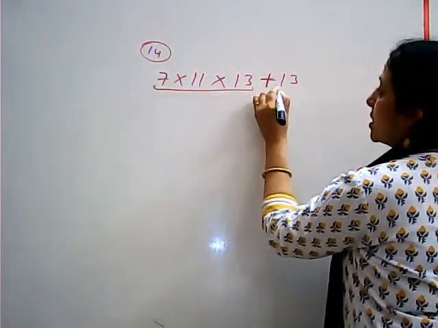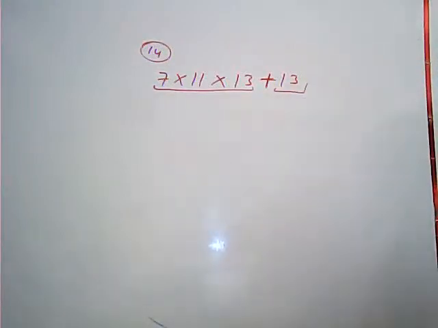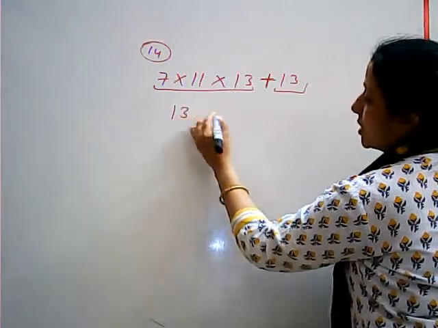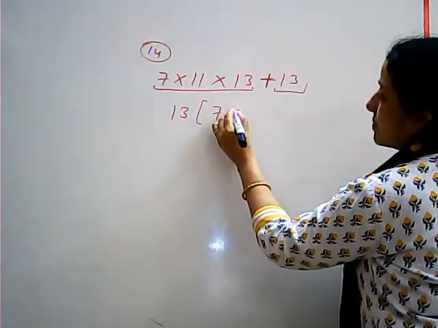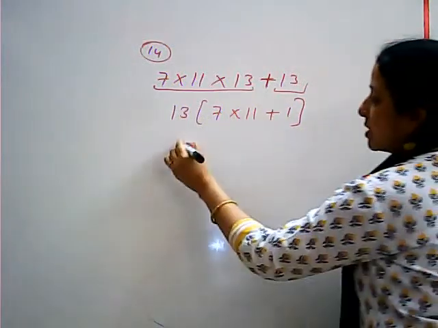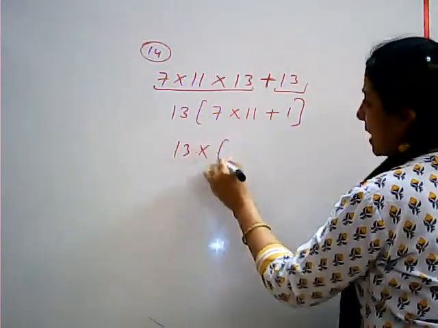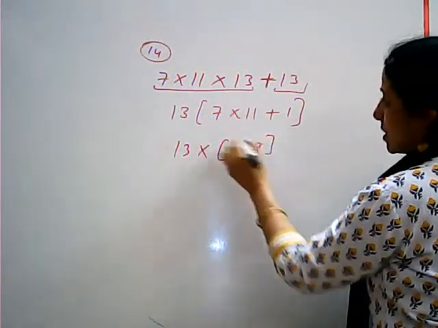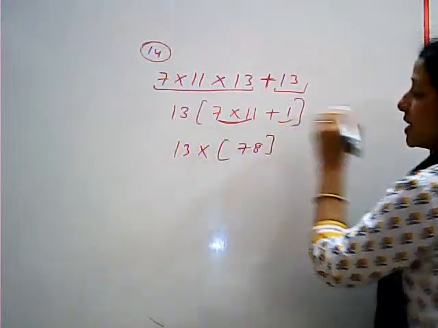So this is your one term and this is your second term. Out of these two terms, 13 is the common factor. So 13 is common, so you will write 7 multiplied by 11, and here you will write plus 1. So 13 multiplied by 78. First you will multiply and then you will add.